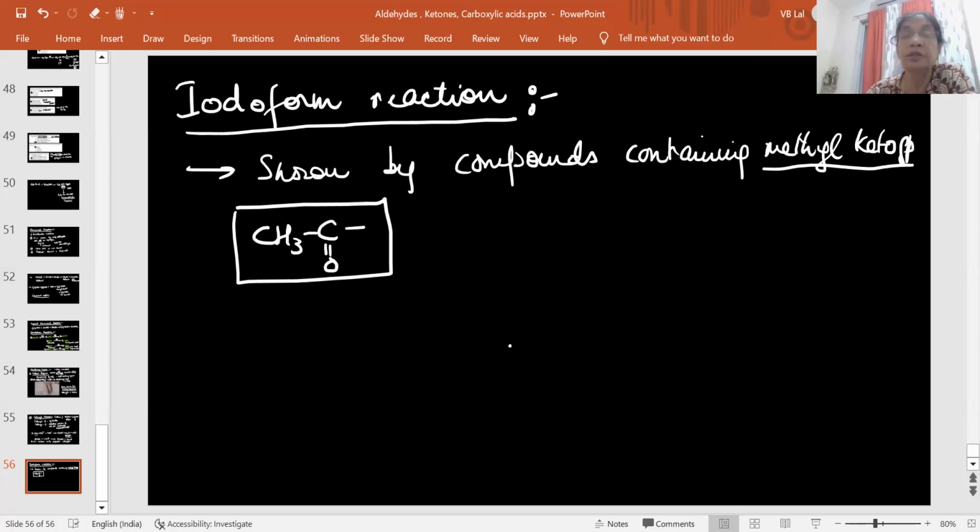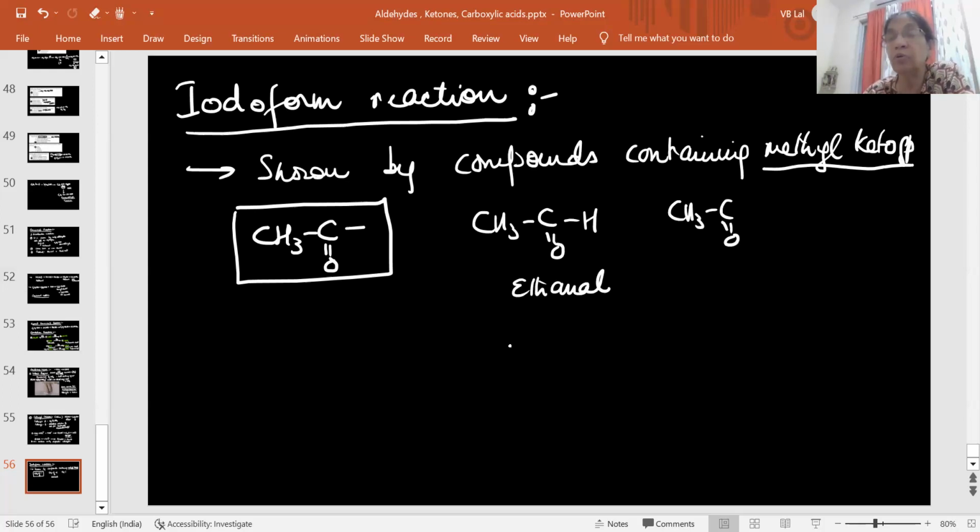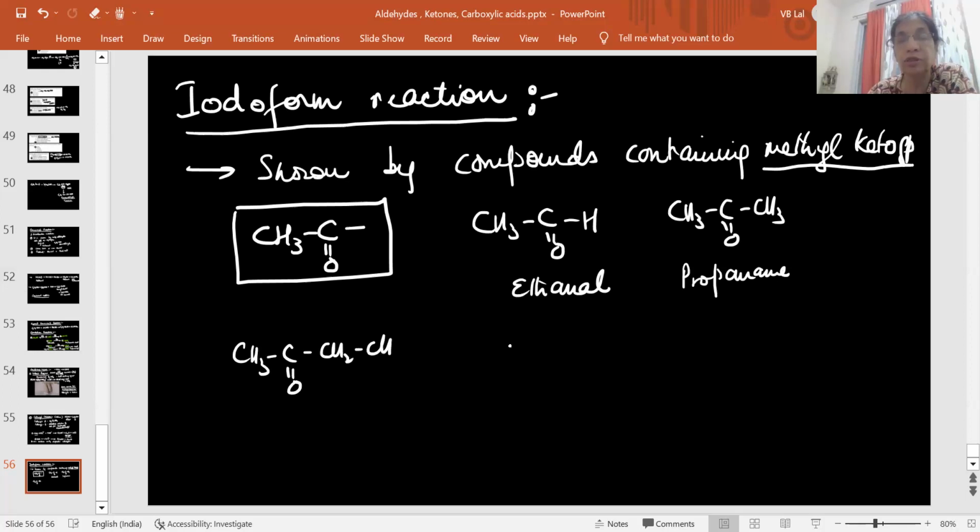Which are the compounds which will show this reaction? It will be shown by CH3C=O and H. What is this? Ethanal. It can be shown by CH3C=O and CH3. What is this? Propanone. It can be shown by CH3C=O, CH2, CH3.